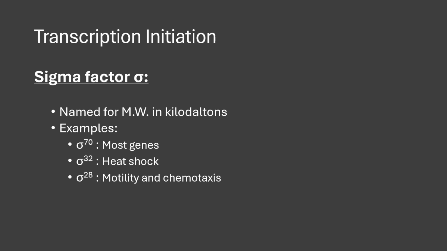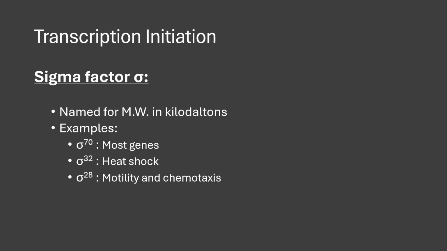Sigma factors are interesting because there are actually several different types. It makes sense when you think about it that you would possibly want to turn on expression of a lot of different genes in response to some event happening. For example, if there's a sudden thermal change, bacteria will activate a bunch of genes at once to help deal with that.